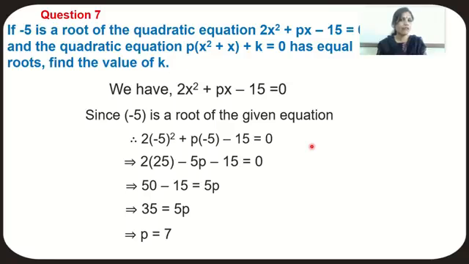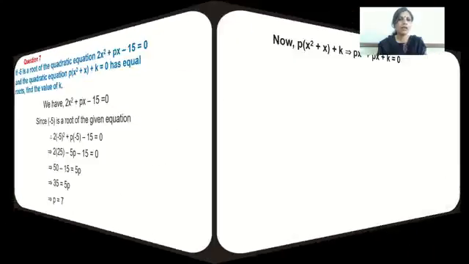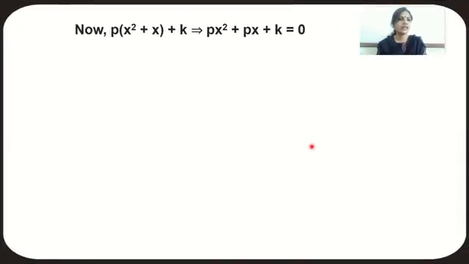Now this value of p we will use in the second equation as well. Okay, let's go ahead. Let's see how we have solved. This is the second equation. I have multiplied this p with the bracket, so px square plus px plus k is equal to 0. But p is 7, which we have just calculated.